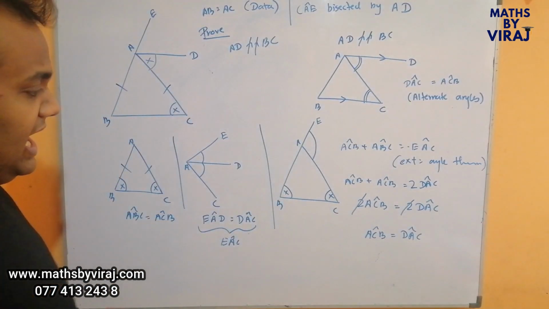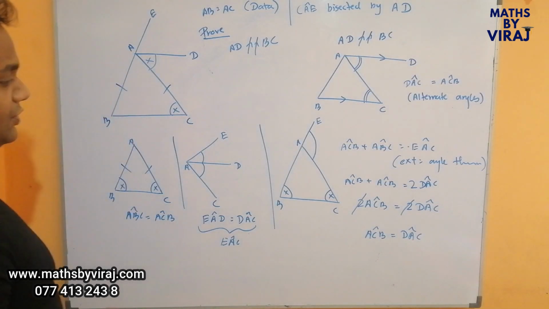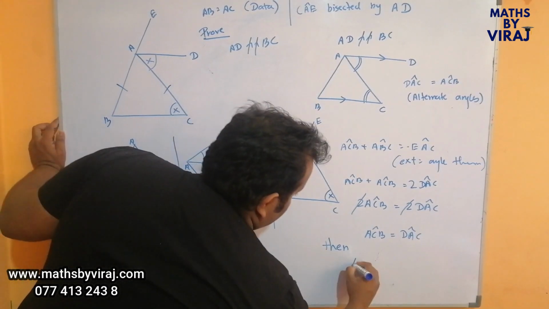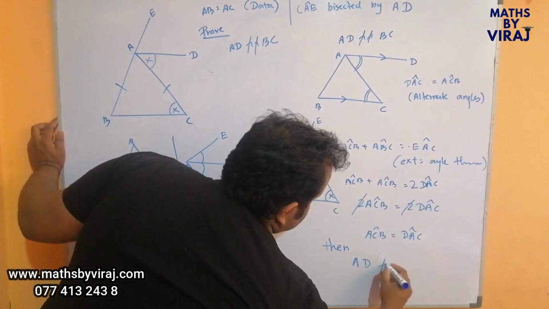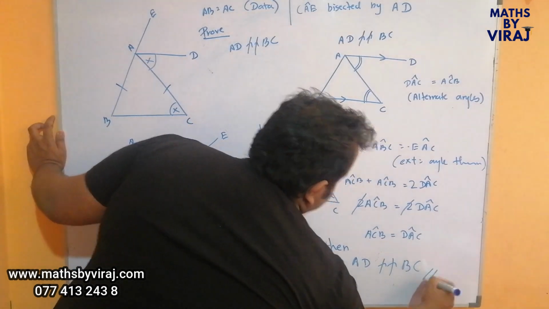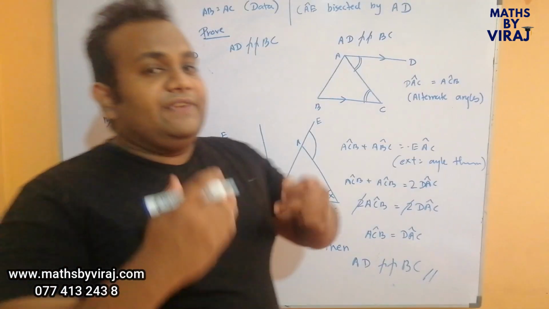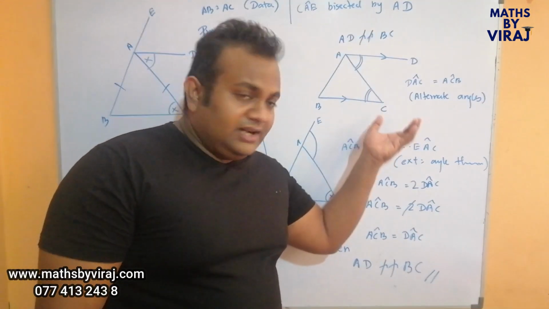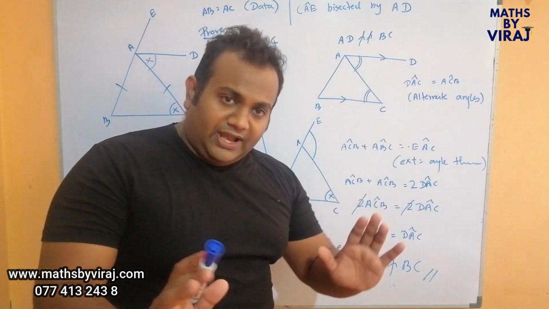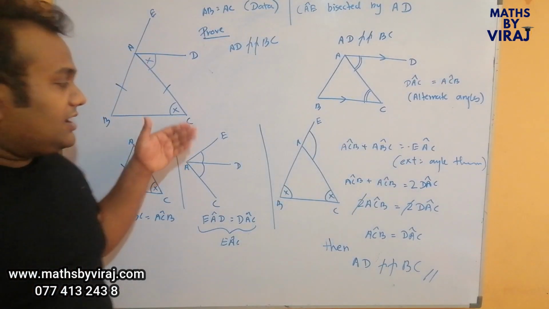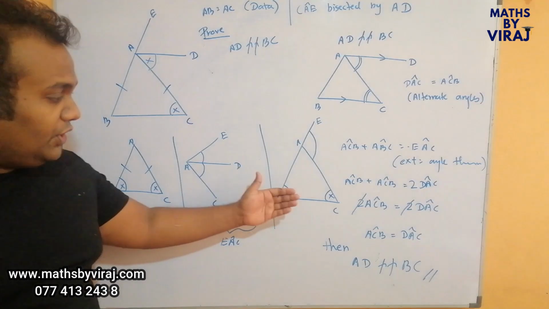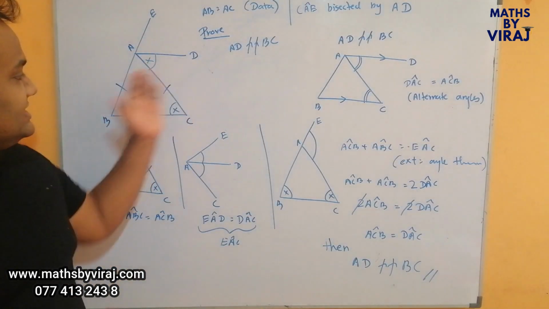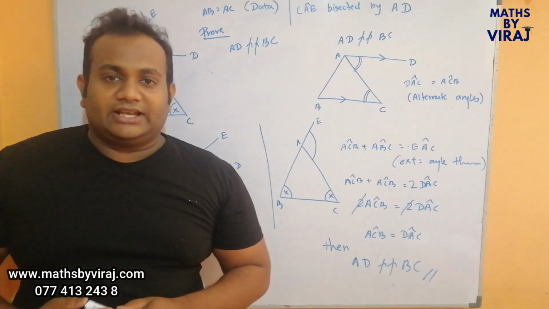Therefore, we can say that AD is parallel to BC. Now, this is the way that you should think. If they are parallel, these two should be equal. Fine. We have then mathematically come up with an answer showing that these two angles are equal, and if they are equal, these two lines are parallel to each other.